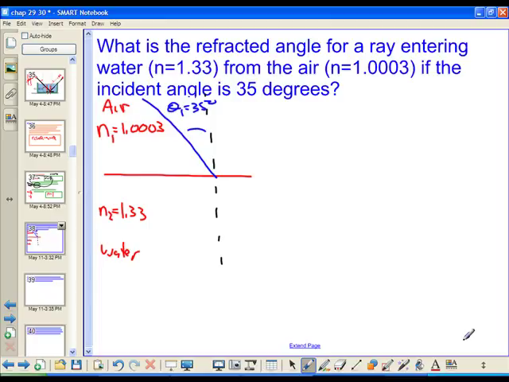Are we going from a higher to lower speed or lower to higher speed? Higher to lower, if we increase the index of refraction. So am I going to bend toward the normal or away from the normal? Toward the normal. So there's my theta 2, which I'm trying to find. But as a check, it should come out to be less than 35. If I get an angle greater than 35, I need to look at it.